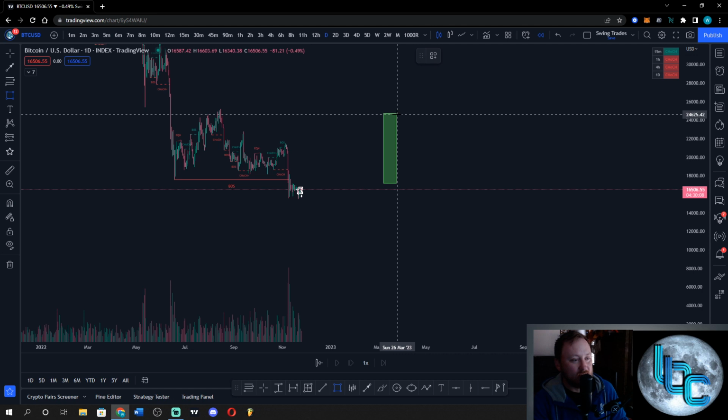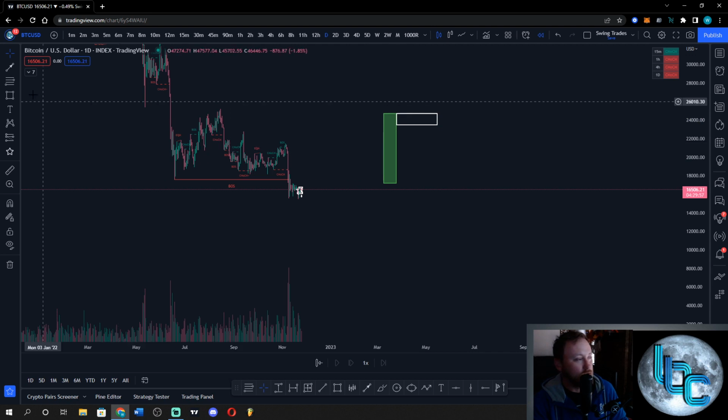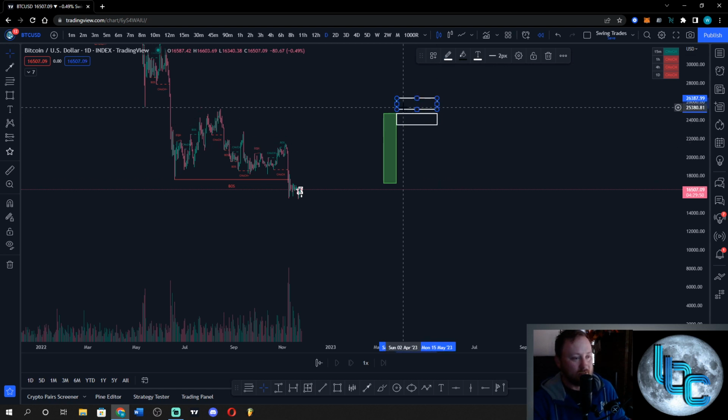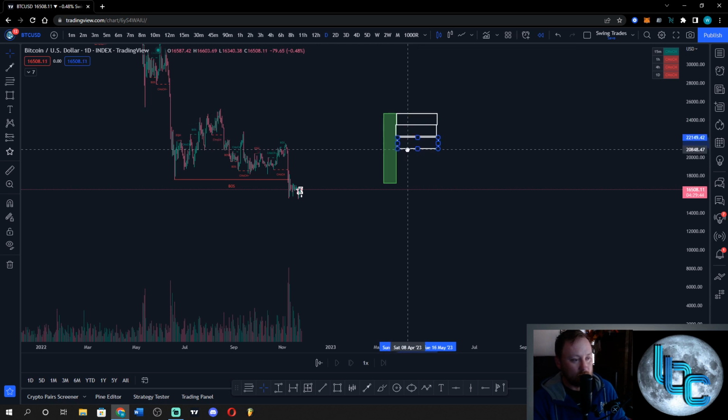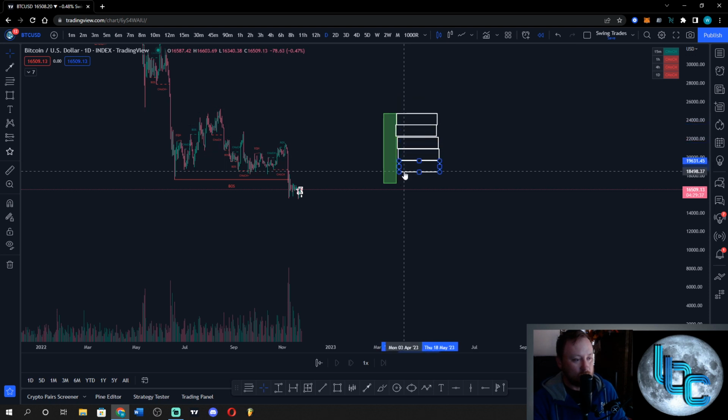And inside this candle, we're going to have different levels of price. So I'm going to turn that off, turn that to white. Then we're going to copy that, paste it, and move it down to here. And then we're going to do that again, and again, and again, and one more time.